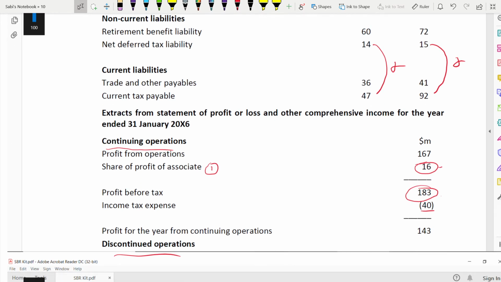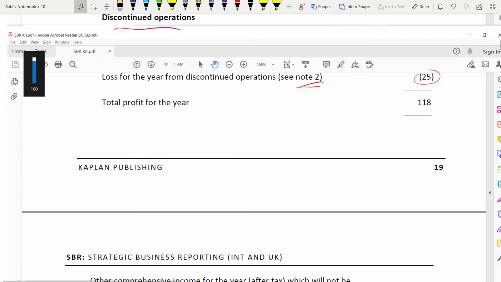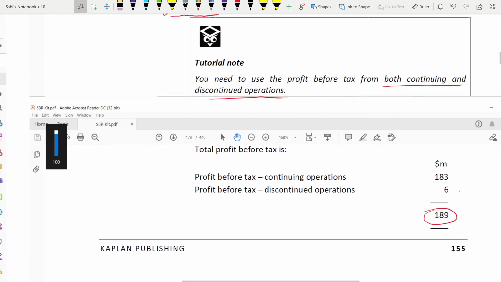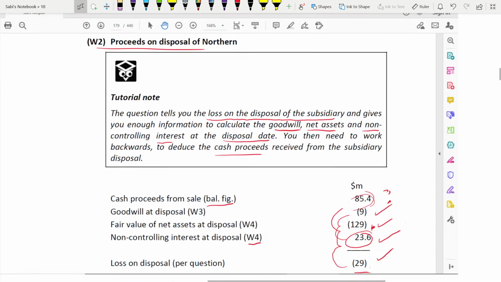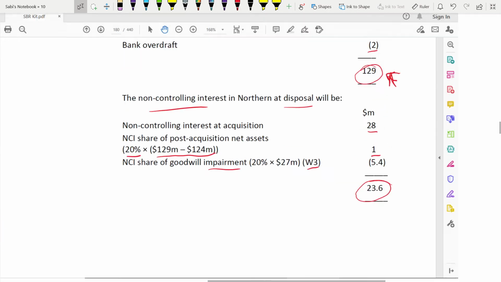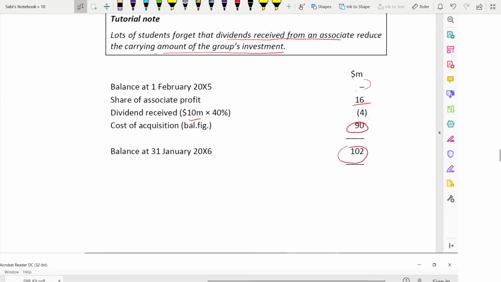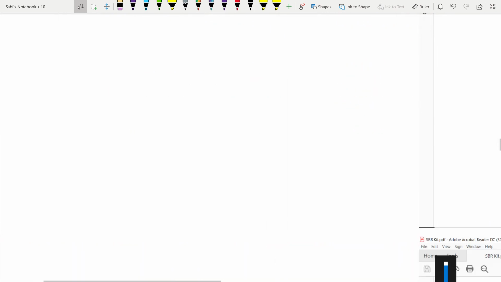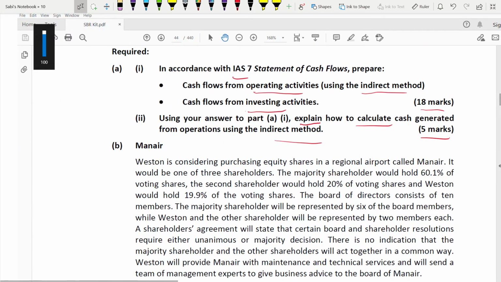You see. Then what was the other item that I was missing out? Is there any item that I'm missing out? Dividend 10 million into 40%. Okay, we have to work out the dividend.